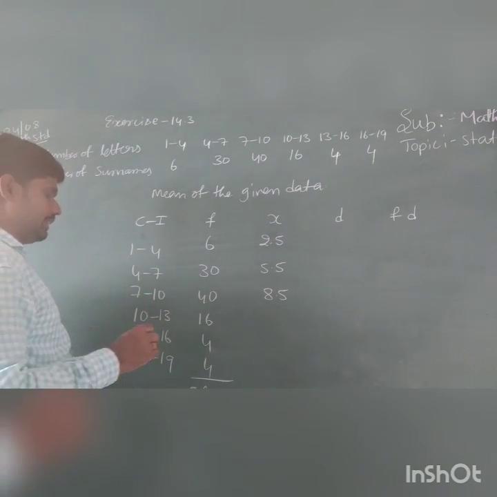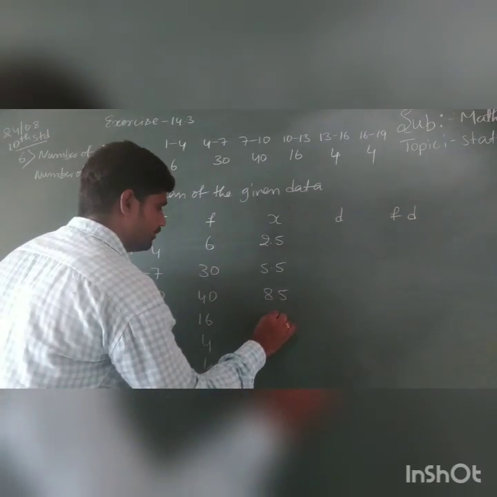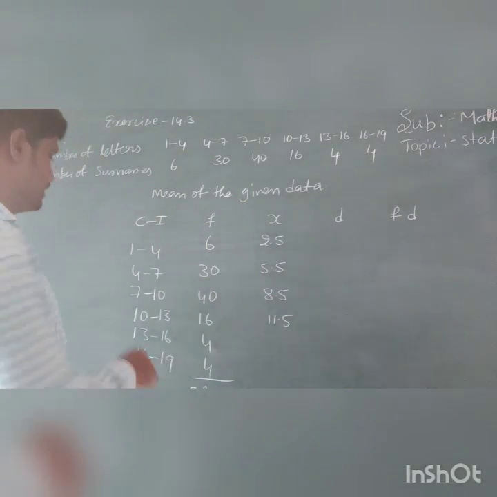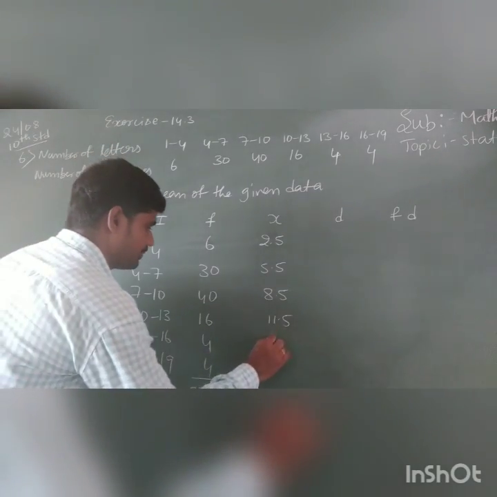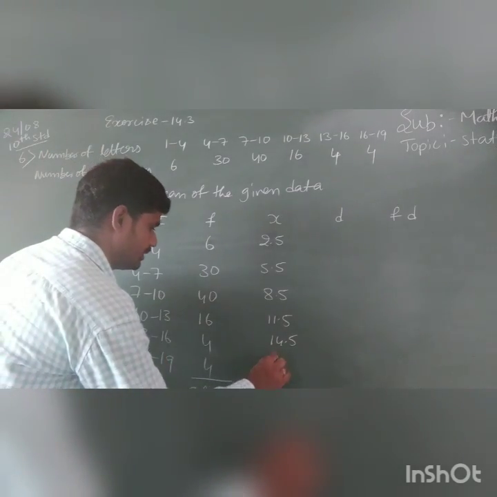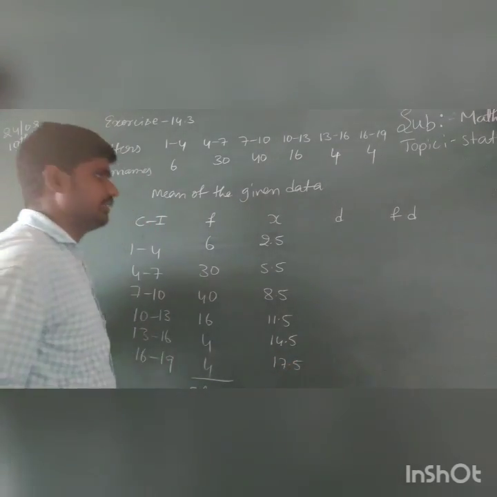Next, 23 by 2 means 11.5. 11.5 is the midpoint of 10 and 13. Like that, next, 14.5. Next, 17.5 is the value of x.